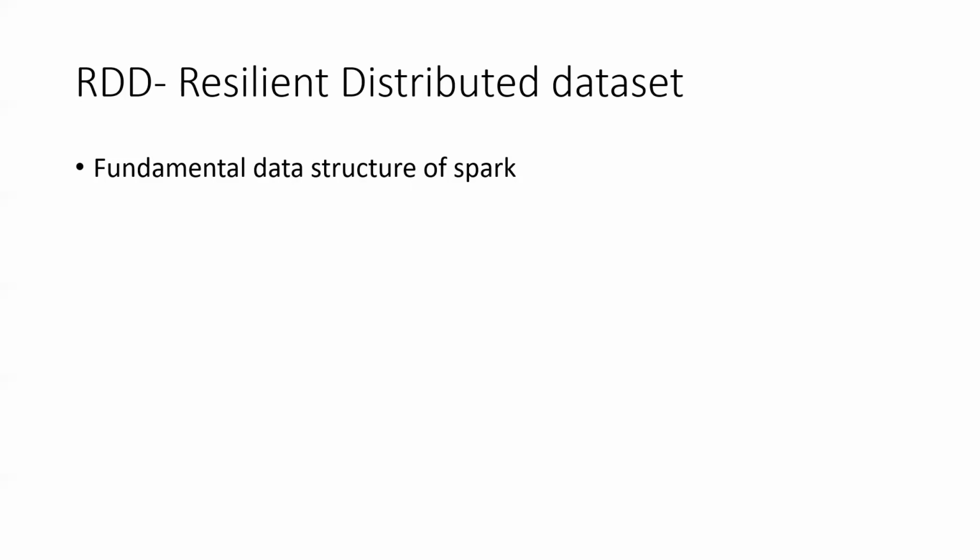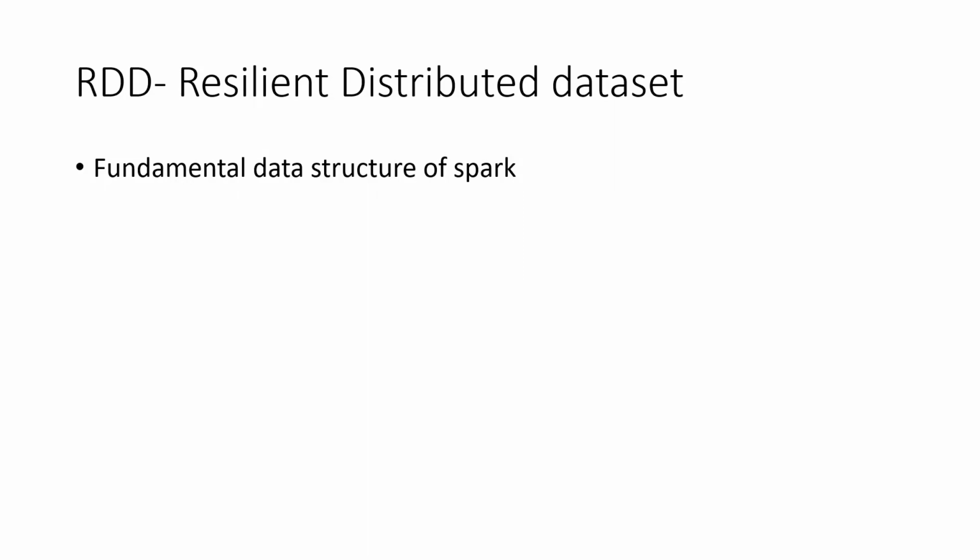When Spark launched for the first time, this was the one and only data structure available. Just like in Python we learn lists, dictionaries, and all, for Spark the basic data structure was RDD, the Resilient Distributed Dataset.